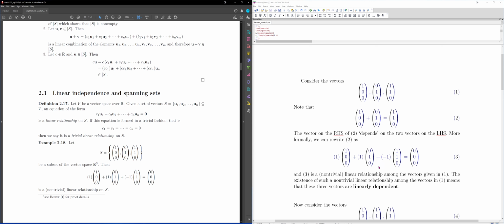If I have an equation where scalar times first vector, plus scalar times second vector, plus scalar times third vector is equal to the 0 vector, then that's called a linear relationship.